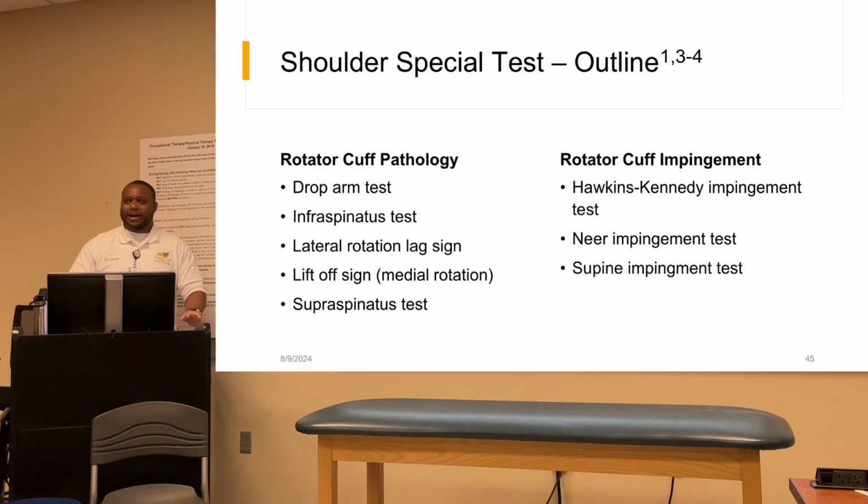Another thing you need to know about special tests. Special tests are not all-inclusive, but they help with developing a strong clinical impression. So when a patient comes through the door, do you only do special tests with them?